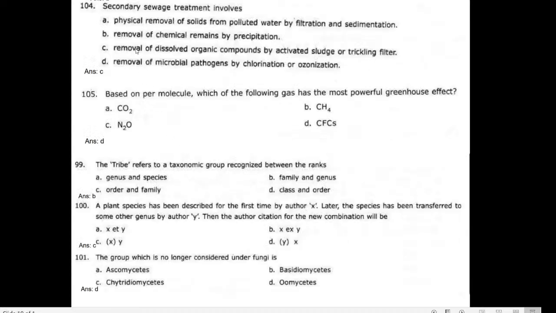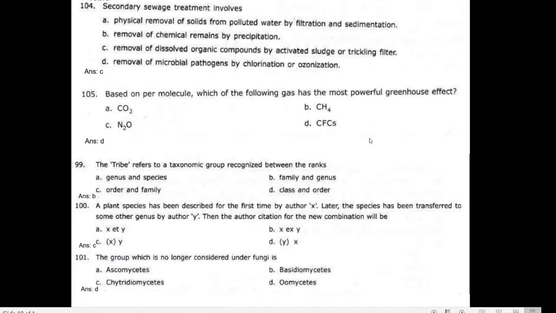The next question: secondary sewage treatment involves removal of dissolved organic compounds by activated sludge and trickling filter. This is a direct question. Based on per molecule, which of the following gases has the most powerful greenhouse effect?